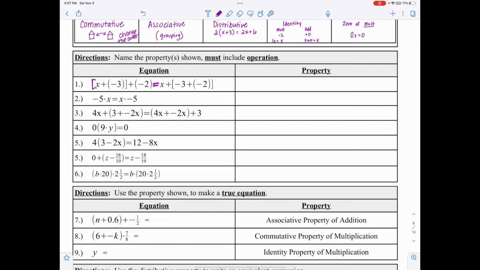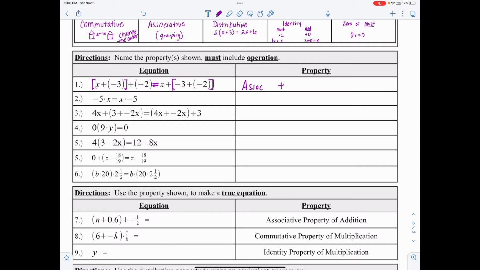So I can see I have brackets here, and they moved to here. So this is our associative property of addition, because if you look, the operation is addition in those expressions.